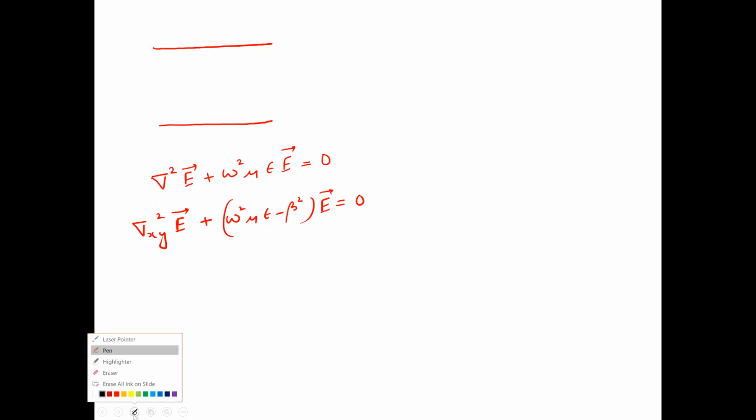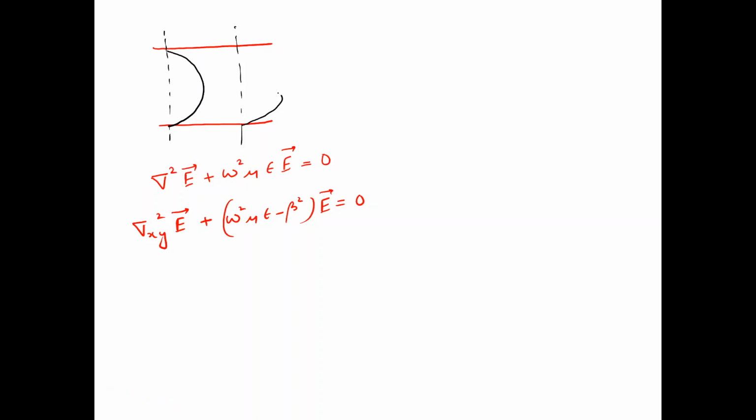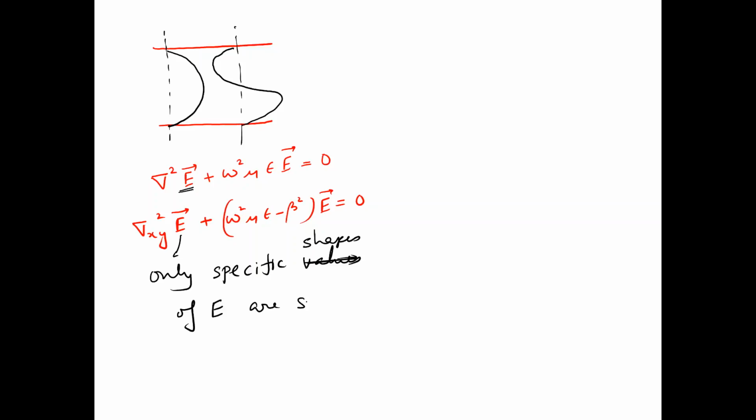Basically what has to happen is that the solution has to be of the form where the electric field goes to 0 at the boundary. So only very specific shapes of E are supported.